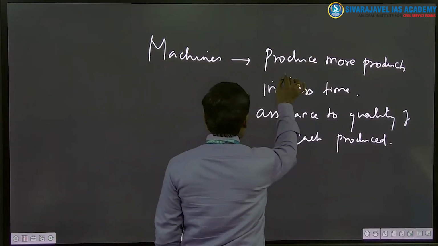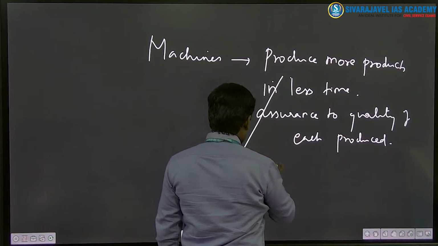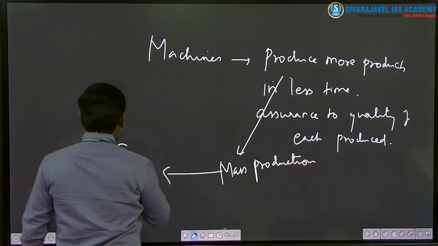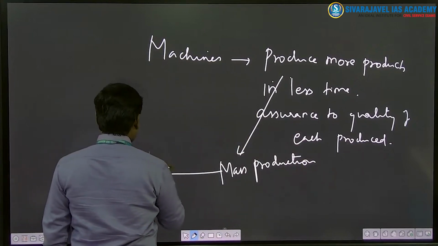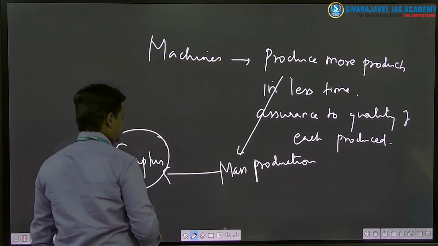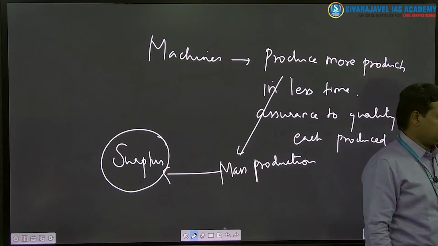What is happening in the factory through machines? Mass production. Mass production means what? Surplus will be produced. After consumption, there will be so much of surplus left. So just the surplus production is the motivation of this machine.